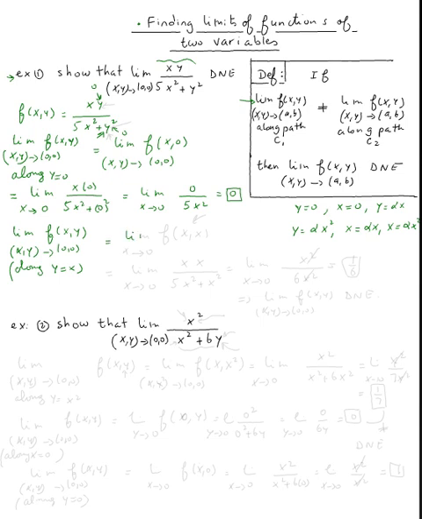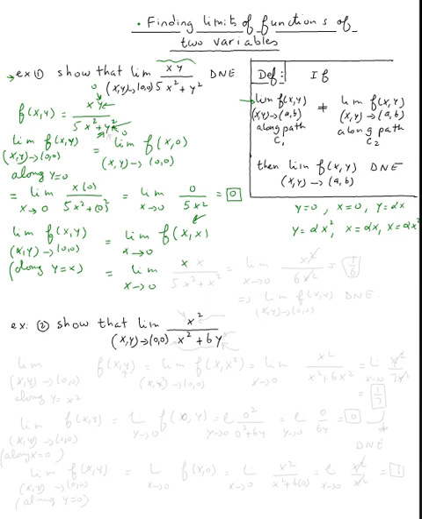This is going to be equal to the limit of f(x, x), we said y equals x, as x approaches 0, because this is a function of x. This is equal to the limit as x approaches 0. Wherever you see y, you plug x. You plug x here, you plug x here.